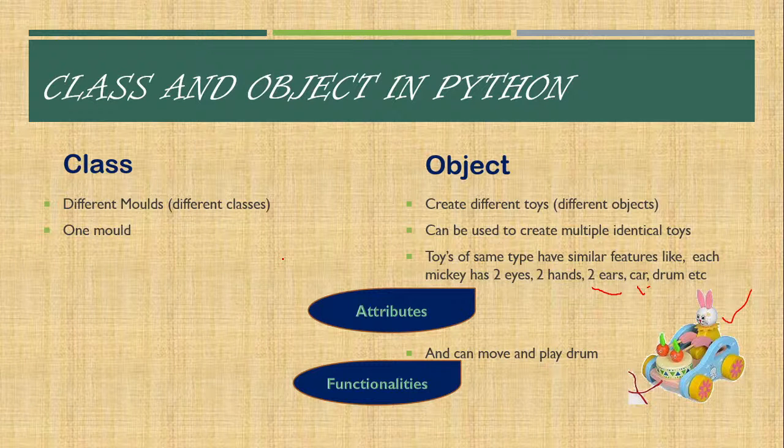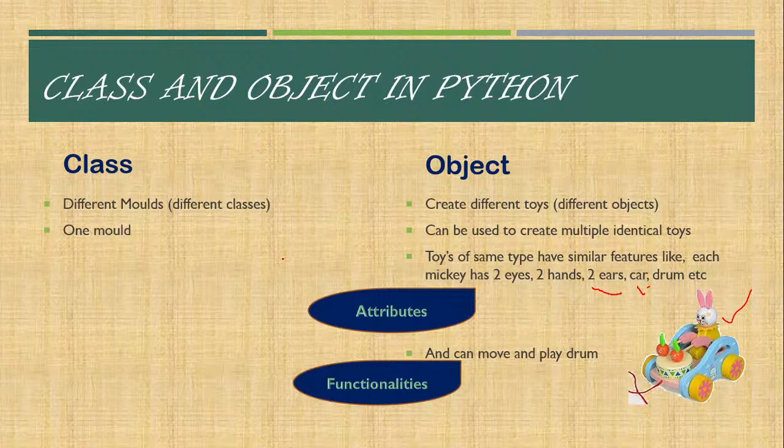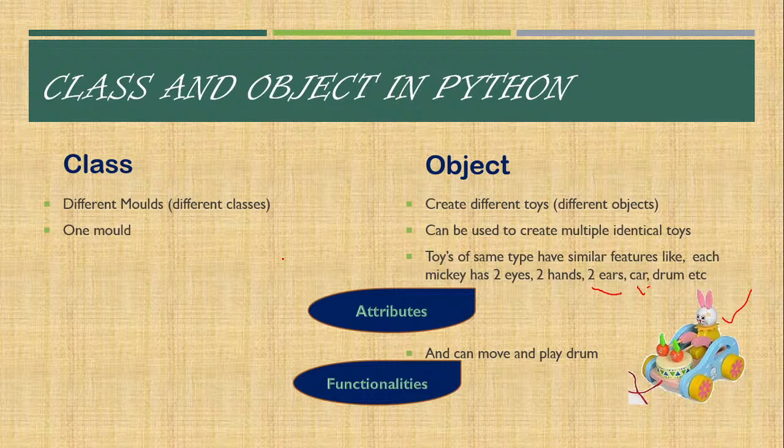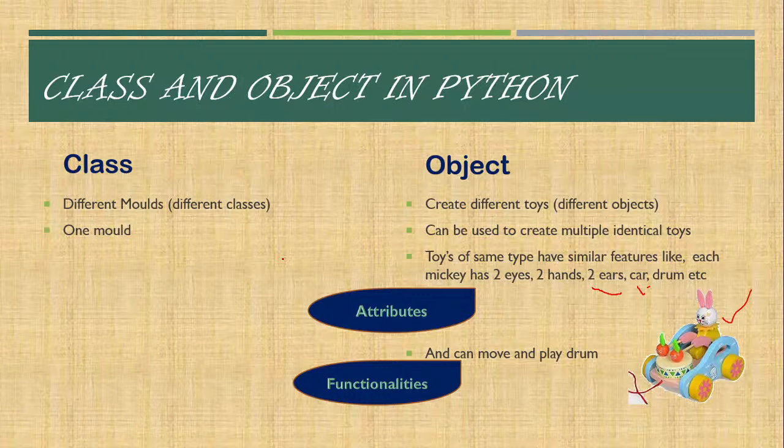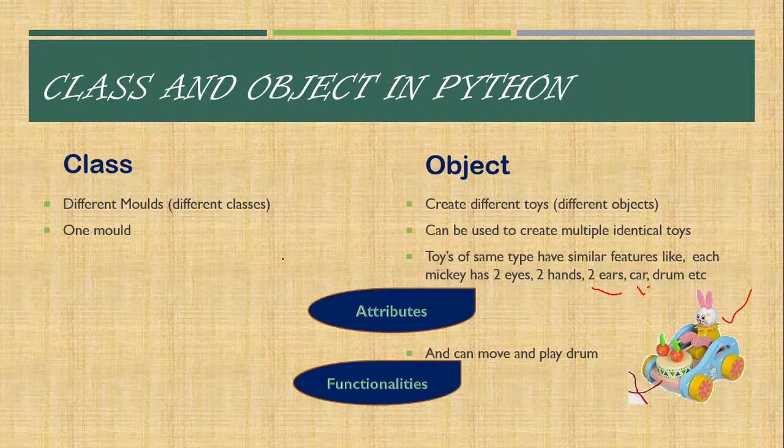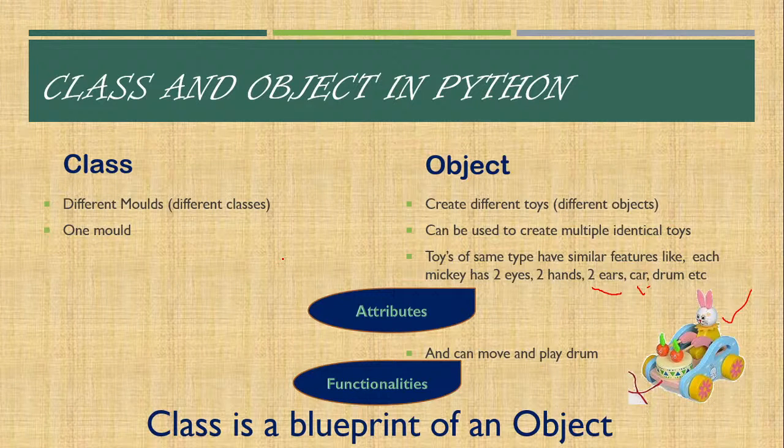Also, an object has some functionality, and that needs to be there in the concept of a class as well. To represent the functionalities of a particular object, we will use different methods, or different functions, within a class. That will help the object to have different functionalities.